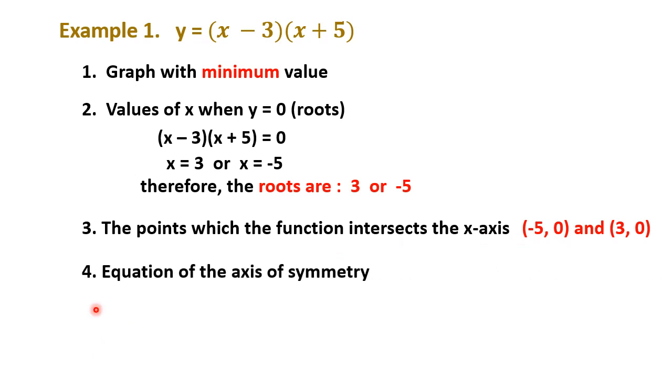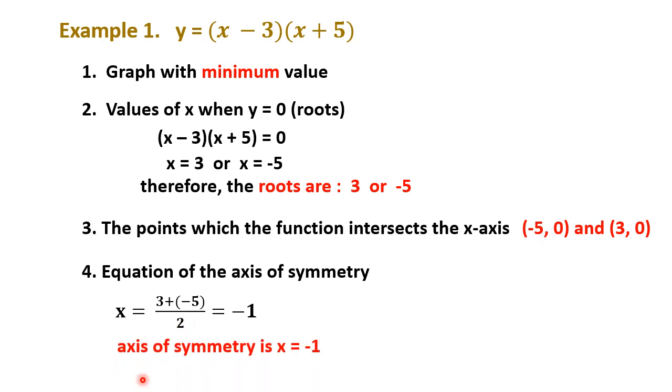Number 4, equation of the axis of symmetry. Already we learned the method of obtaining the equation of the axis of symmetry. Since the intersecting points are 3 and minus 5, add the two values and divide by 2. So therefore equation of the axis of symmetry, adding the two roots and then dividing by 2, we can get it.